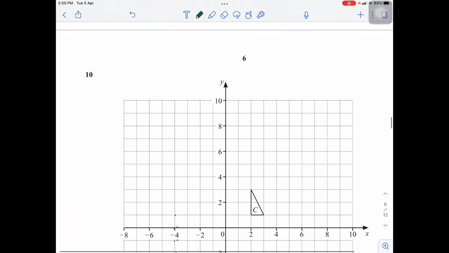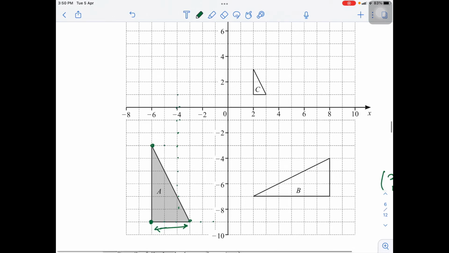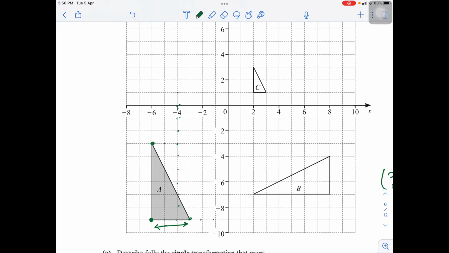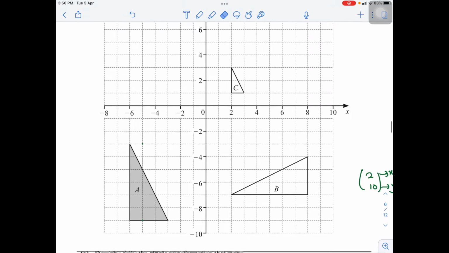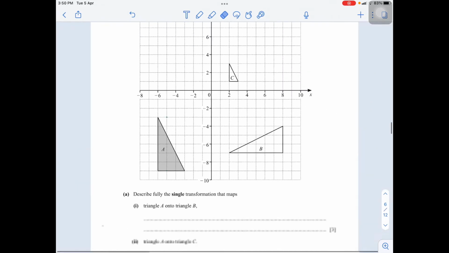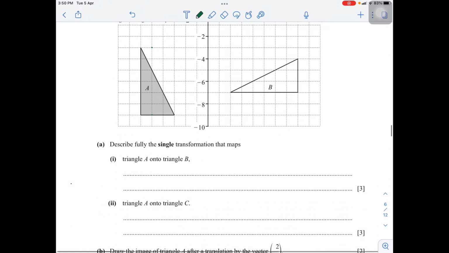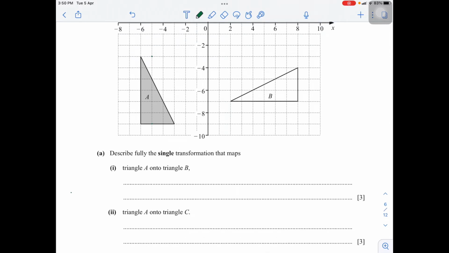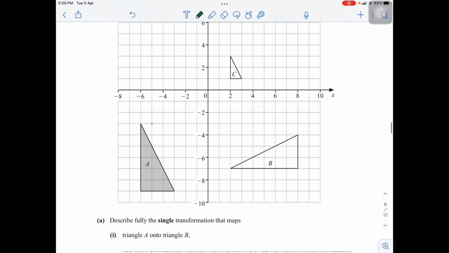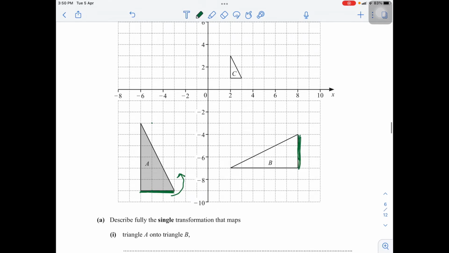Let's try the next question. 10. Describe fully the single transformation that maps triangle A onto B. Now, if you turn it that side, the sleeping line is becoming standing line.